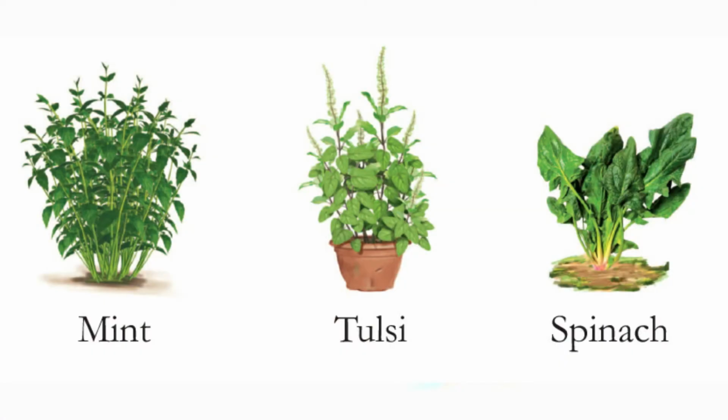Then the examples are, as you go into your mom's kitchen garden, you can see the spinach, the mint leaves, the coriander leaves. All these things are herbs. There are so many other varieties of herbs, but we will just learn a few things today, and as you go into higher classes, you will learn much more about herbs.